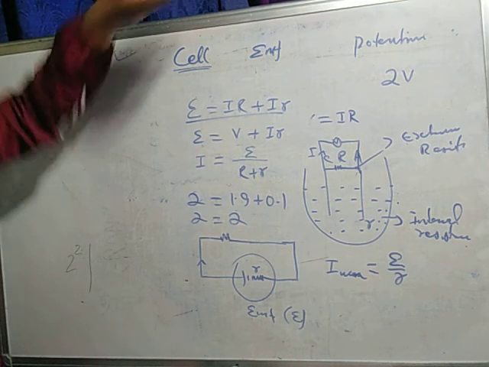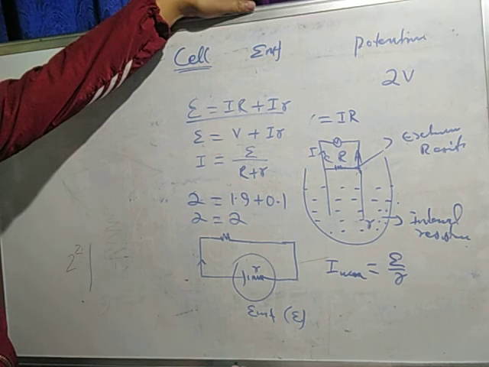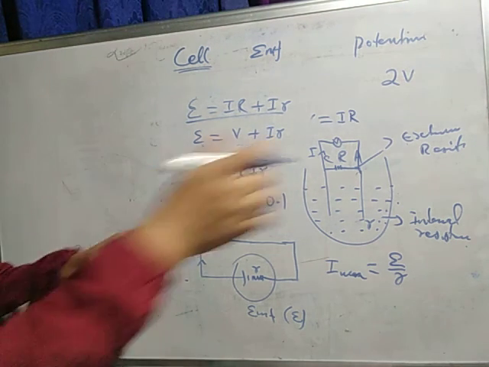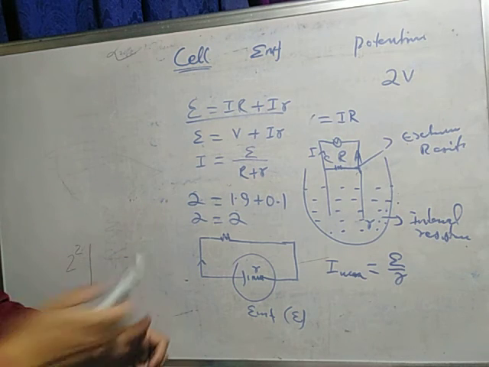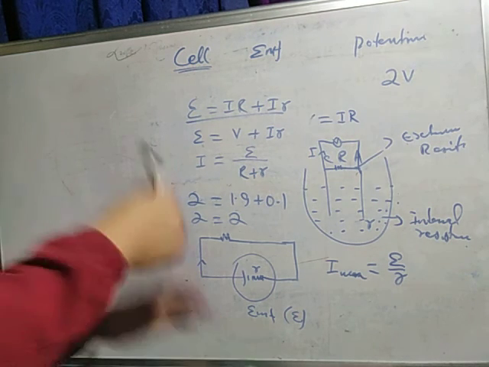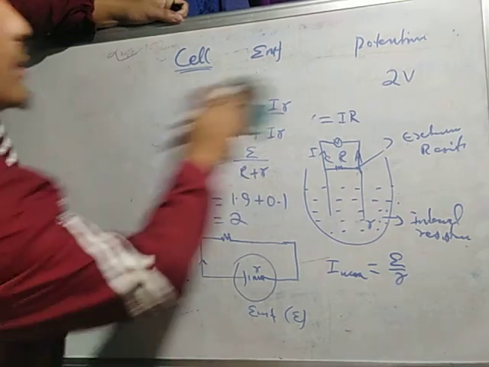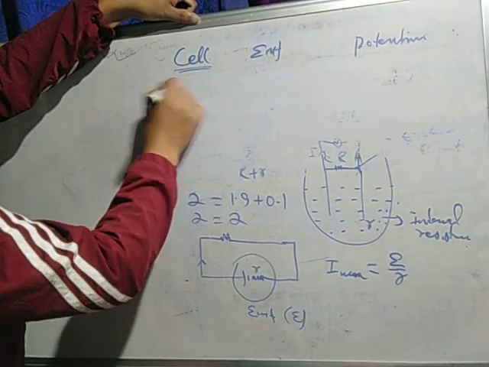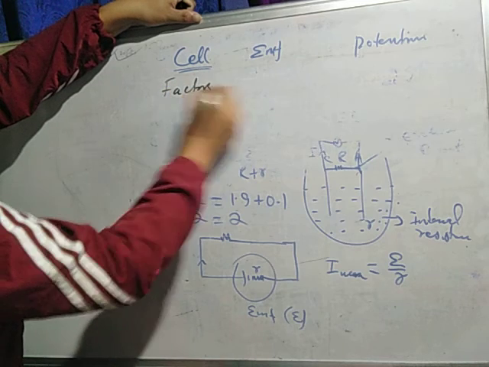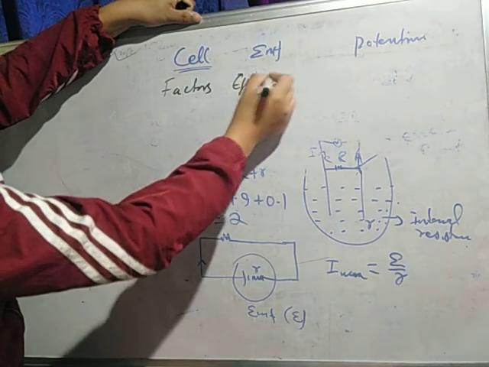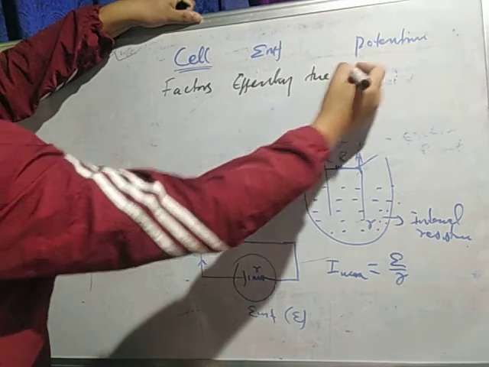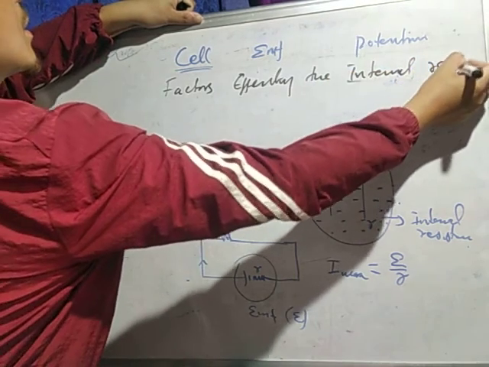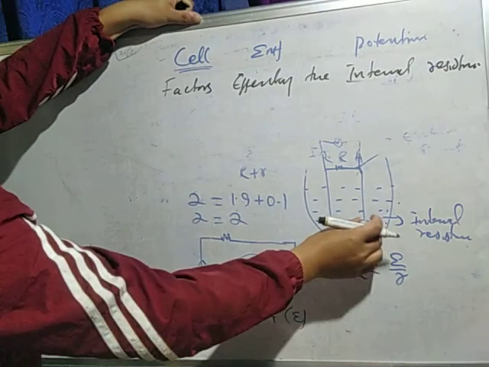Now sometimes they may ask the factors affecting the internal resistance. So write down factors affecting the internal resistance. Three factors are there.